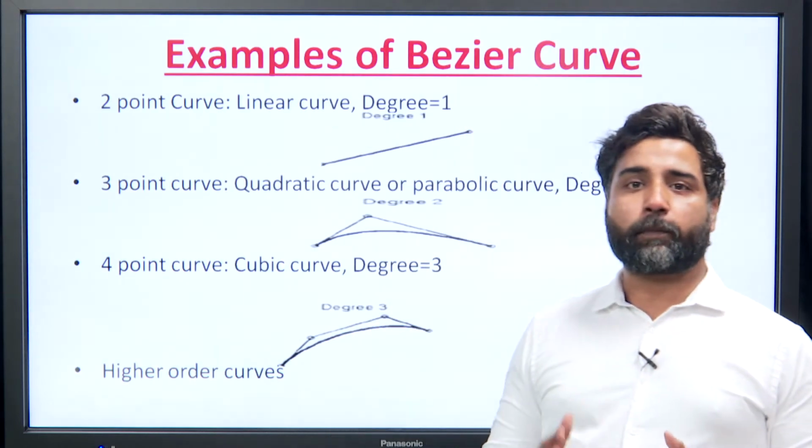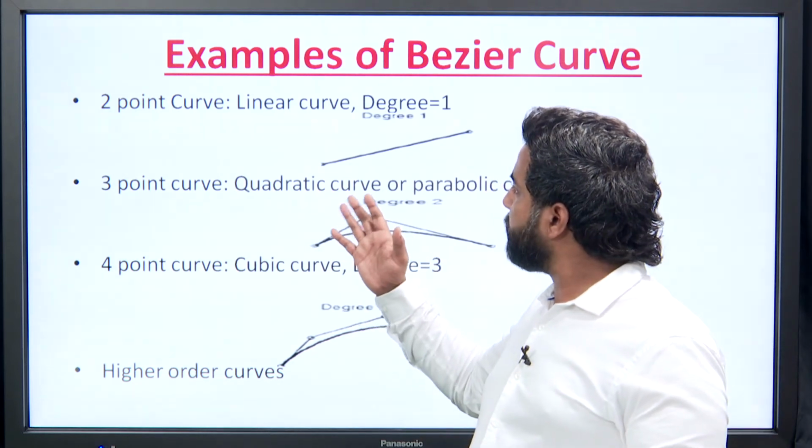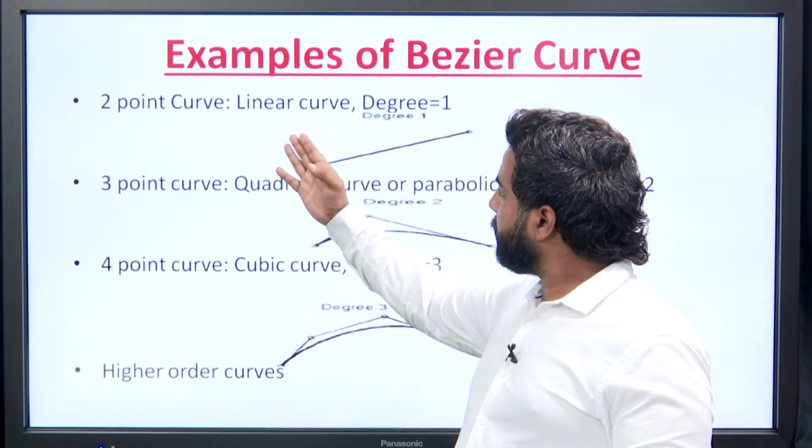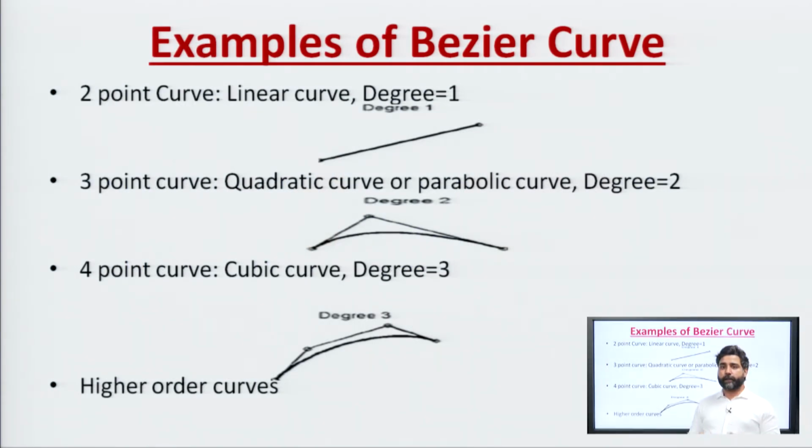Moving further to examples of the Bezier curve. When we are discussing examples of the Bezier curve, first is the 2-point curve, the linear curve. This is the smallest Bezier curve possible, because it is a 2-point curve, and we know that the minimal control points required to draw a Bezier curve is 2.